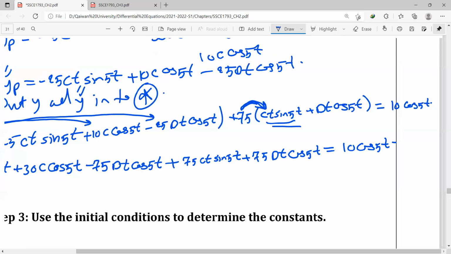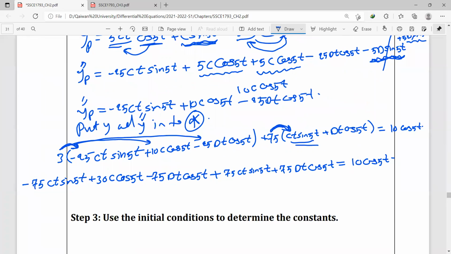Now we are going to cancel out the similar terms with different sign. This with this, I cancel out. Okay, and minus 75 dt cosine 5t and 75 dt cosine 5t, these are cancelled out. So it's left. This one with this one I cancel out.